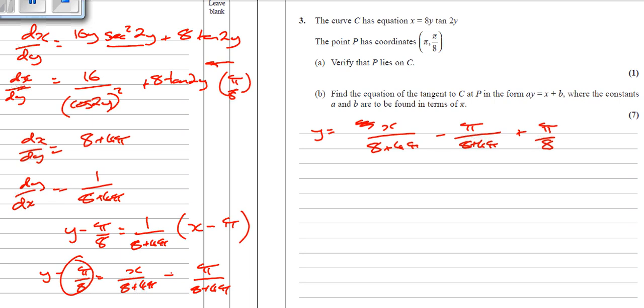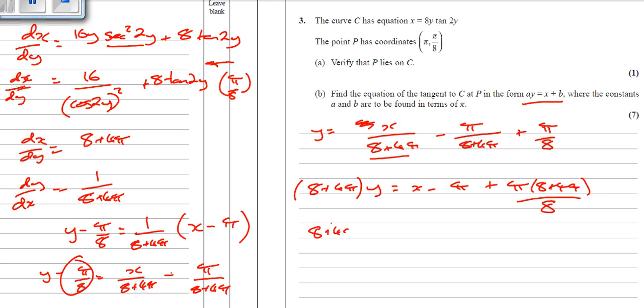And then we've got to have a y. But a and b are to be found in terms of pi. So if we times everything by 8 plus 4 pi, 8 plus 4 pi y equals x minus pi plus pi over 8 plus 4 pi over 8.